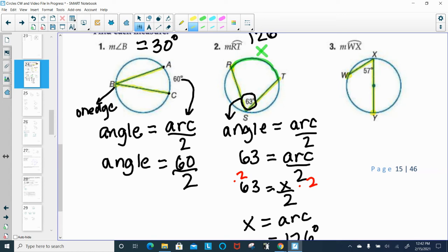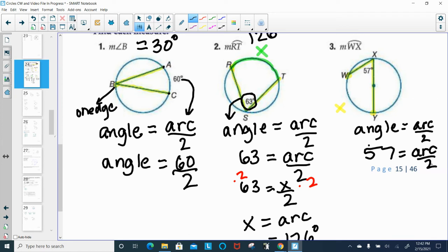So we're going to find arc WY, and then we'll worry about WX in a moment. So I'm going to put an X here. I'm going to write down my formula. Angle equals arc divided by 2. And in this case, my 57 is inside the angle. That is my angle measure. I want to know the arc measure.